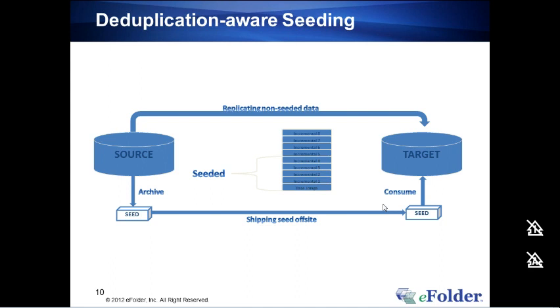I'm noticing Chris has some follow-on questions here. The follow-on question is, is dedupe occurring? If you've got multiple client sites or client organizations replicating to that one target core, are you getting the benefits of deduplication across those various environments? Absolutely.